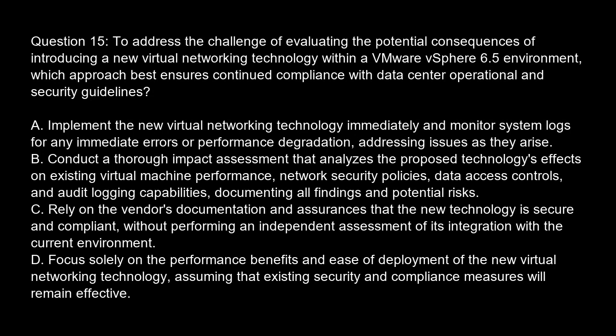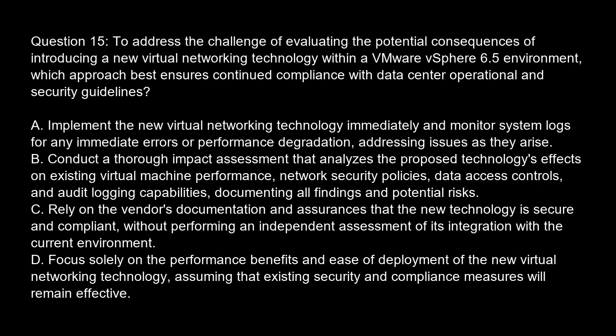Question 15. To address the challenge of evaluating the potential consequences of introducing a new virtual networking technology within a VMware vSphere 6.5 environment, which approach best ensures continued compliance with data center operational and security guidelines? Option A. Implement the new virtual networking technology immediately and monitor system logs for any immediate errors or performance degradation, addressing issues as they arise.